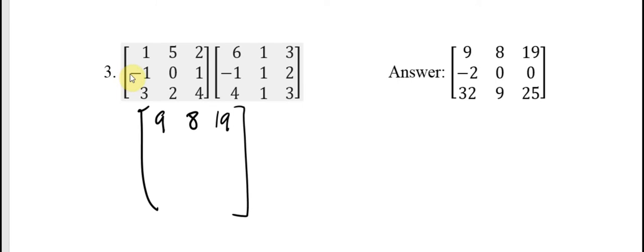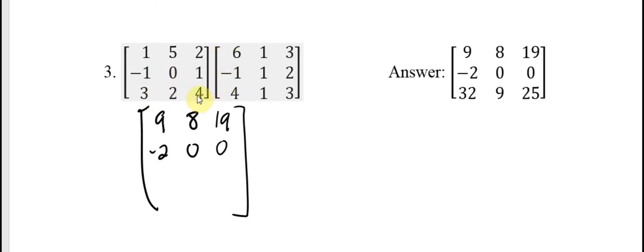So now we come here to the second row, first column, negative 6, 0, and 4, negative 2. Second row, second column, negative 1, 0, positive 1, 0. Second row, third column, it's negative 3, 0, and a 3. That's 0. Negative 3 plus 3 is 0. Now we move to the third row, first column, 6, 12, 18.